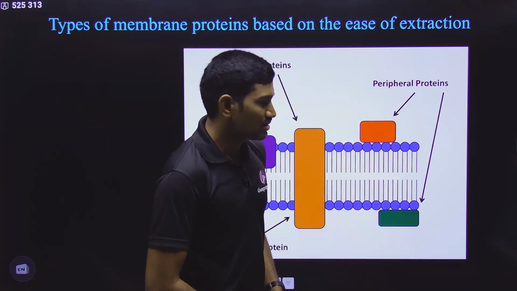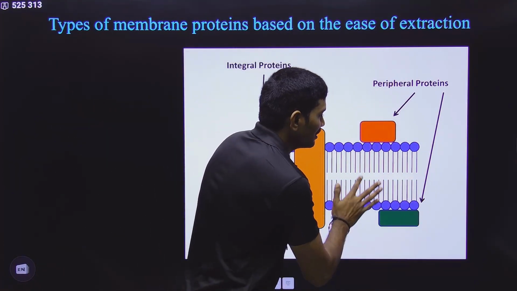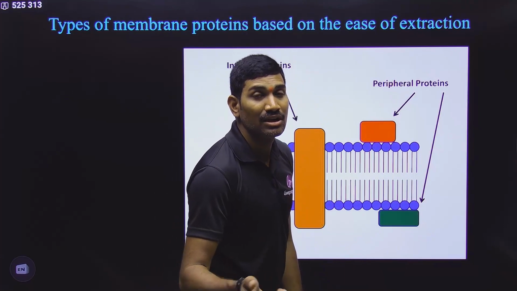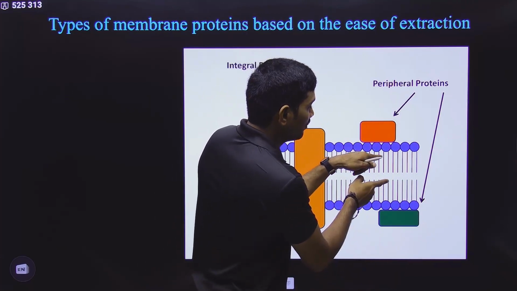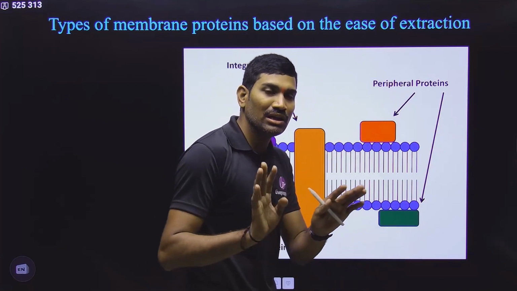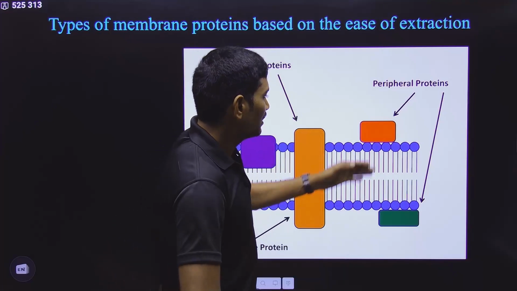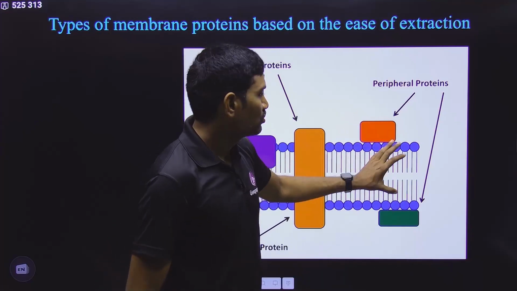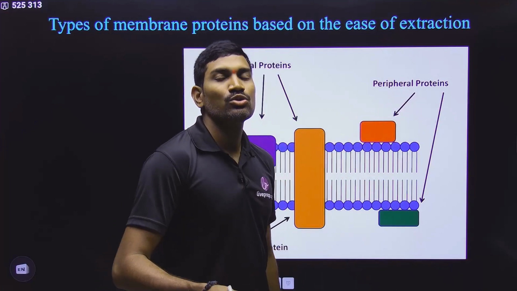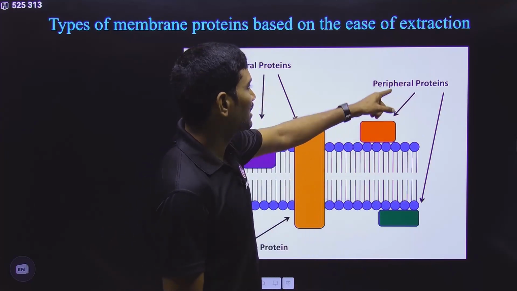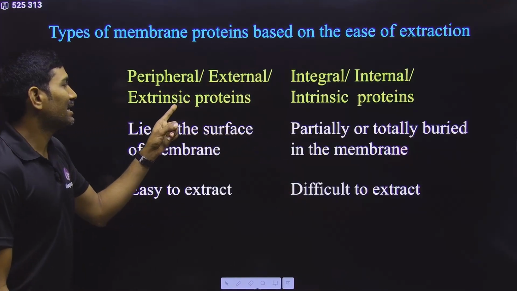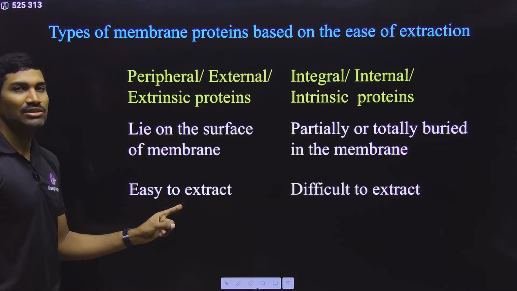But those proteins which are not interacting with hydrophobic tails, that means they are interacting only with hydrophilic heads. That means they are present on outer sides, so they can be easily extracted. So those proteins which are easy to extract, they are called peripheral or external or extrinsic proteins. They are easy to extract.